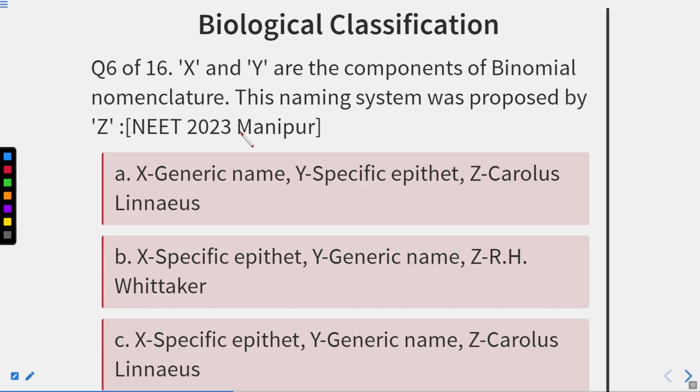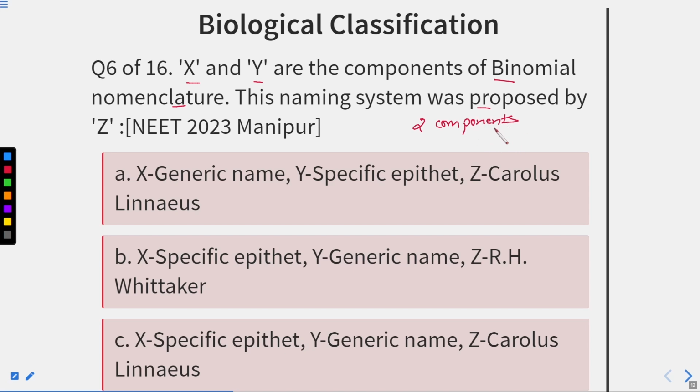Now next question is, X and Y. They are saying X and Y are the components of binomial nomenclature. So what was binomial nomenclature? Binomial nomenclature was proposed by Carolus Linnaeus, and it says that a scientific name consists of two components. So there are two components for a scientific name.